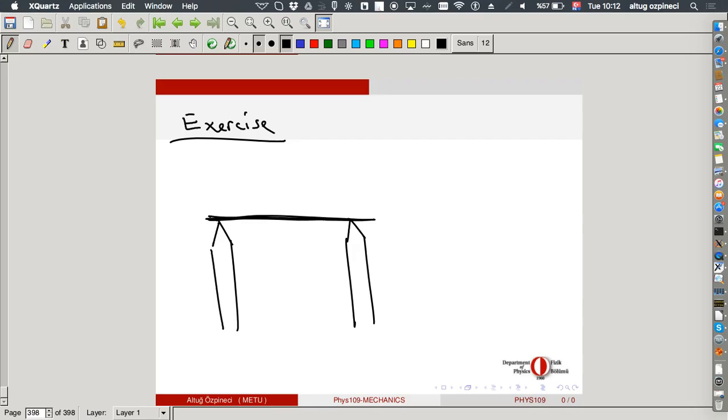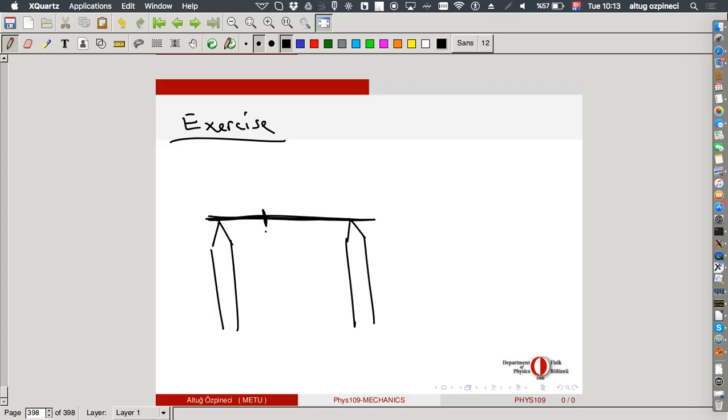Of course, when I'm moving my fingers, the thing that determines whether the finger and this stick are sliding with respect to each other or not would be the friction force. If the friction force between my finger and the stick is large enough, then the stick will move. If it is not large enough, then my finger will slide and the stick will stay where it is. And so the friction force is basically related to the normal forces acting on these two endpoints.